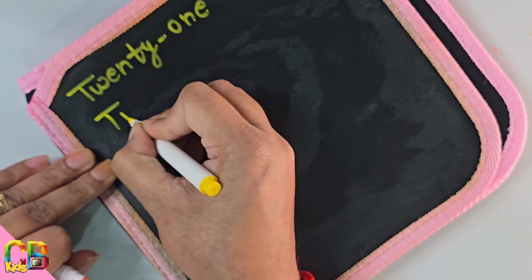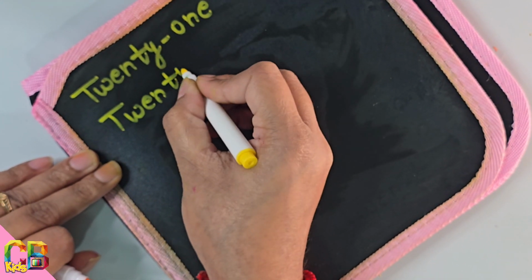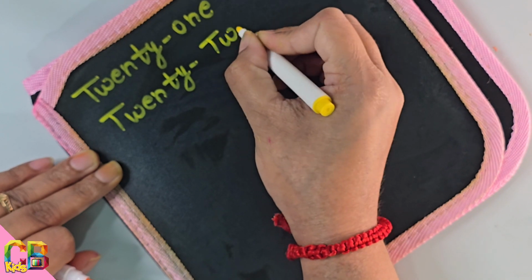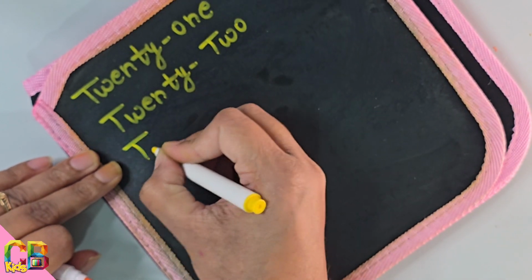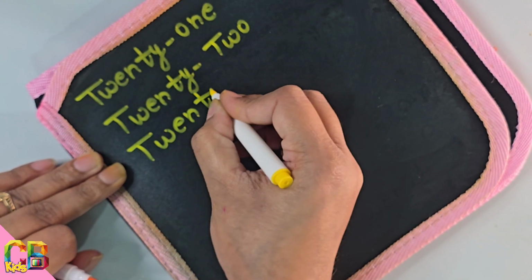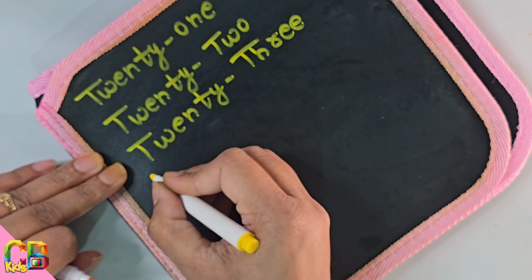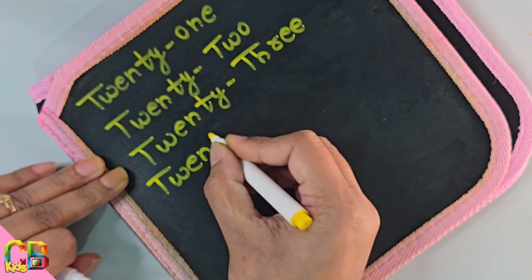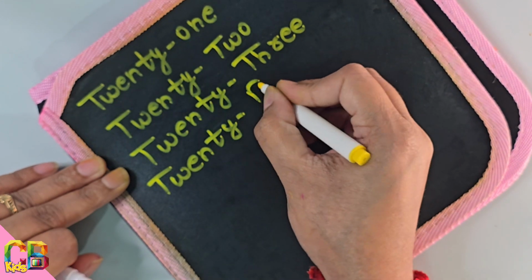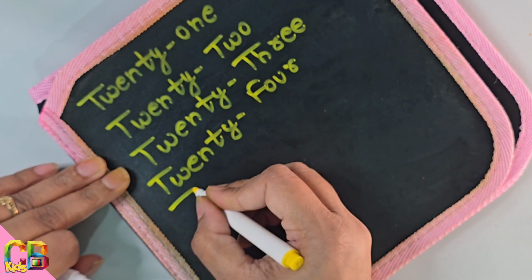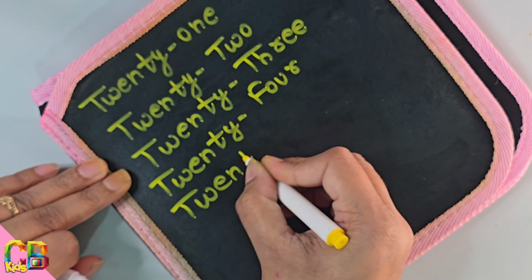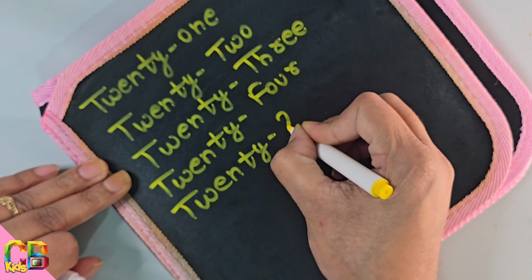Okay, TWENTY, 22. TWENTY, 23. Okay, TWENTY, 24. TWENTY, 25.